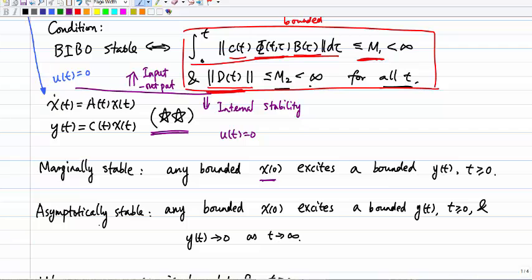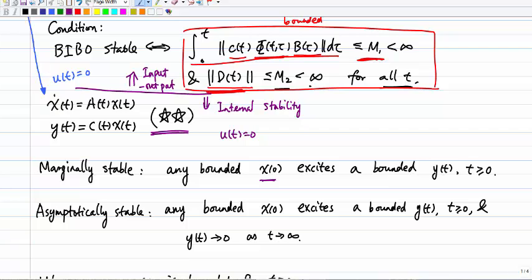Similarly, asymptotic stability is defined as this: if any bounded initial condition excites a bounded output for any positive t, and also y(t) goes to 0 as t goes to infinity, this is called asymptotic stability. The linear time variant system star is asymptotically stable. The definition is the same as for the linear time invariant system.